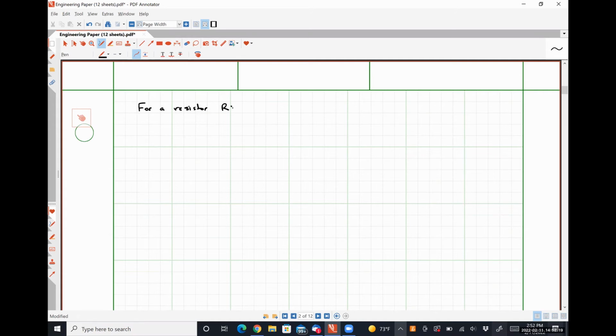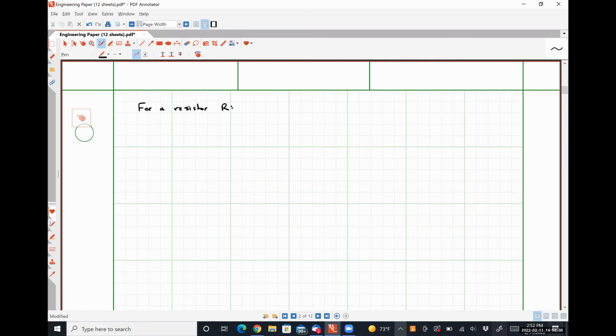Now for a resistor. When we developed our phasor or frequency domain relationships for resistors, capacitors, and inductors, I put a box around a few relationships. We are going to use those very specific relationships, okay?